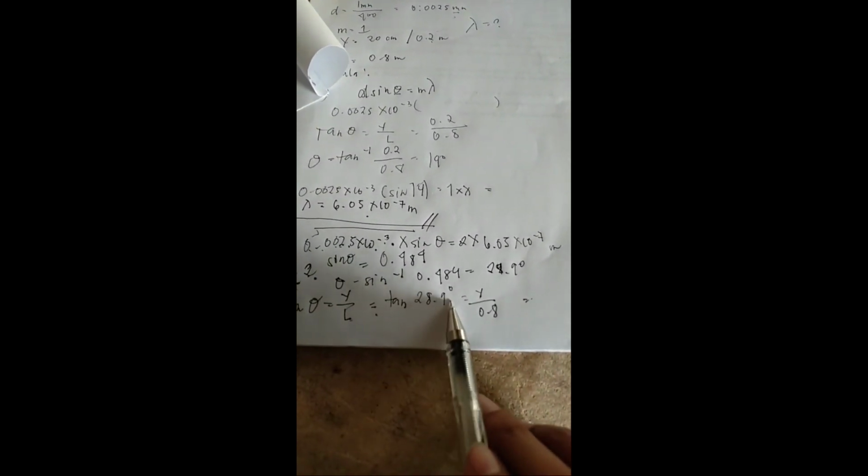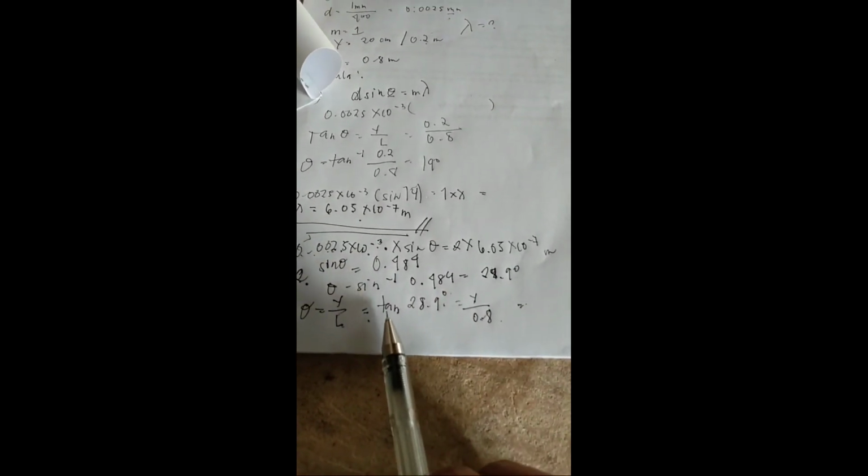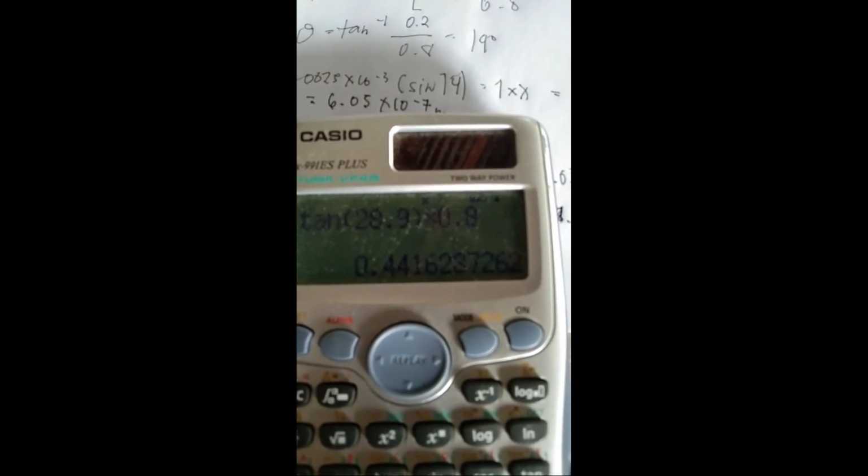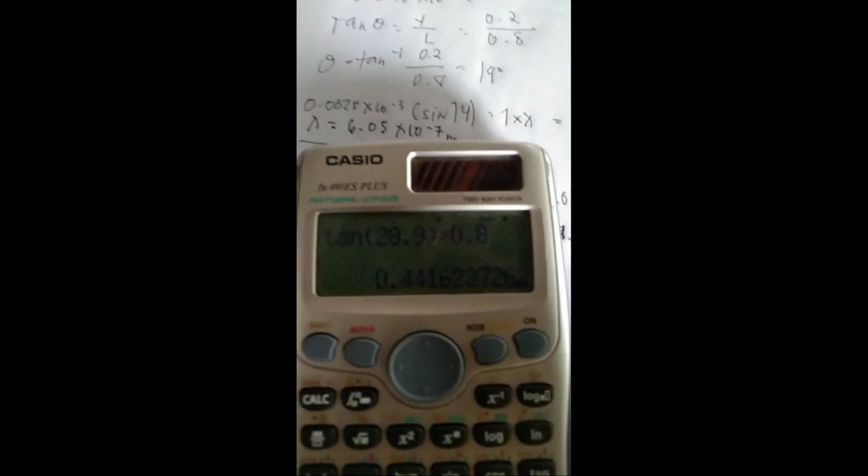So tan theta is equal to y over L, because tan 28.9 degrees is equal to y over 0.8. So multiply tan 28.9 times 0.8. So the answer is 0.44 meters.